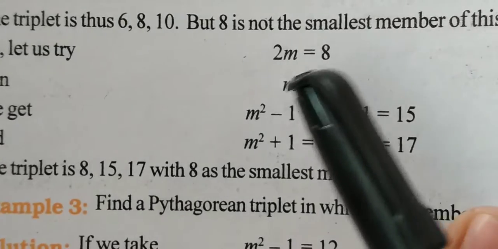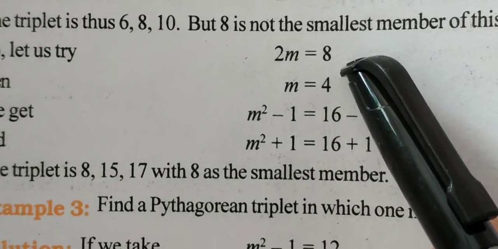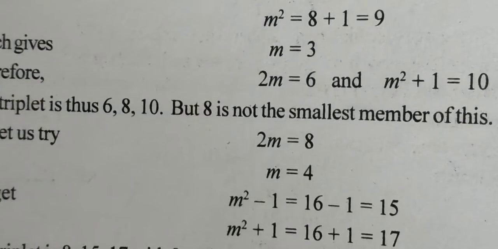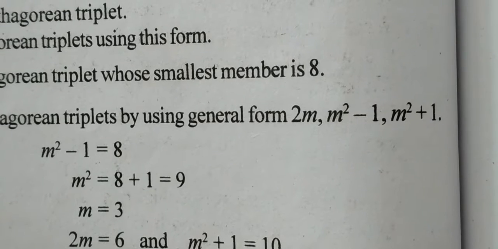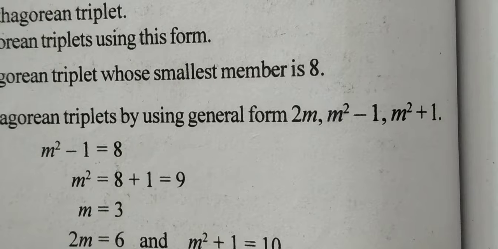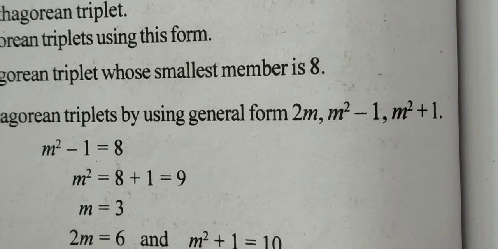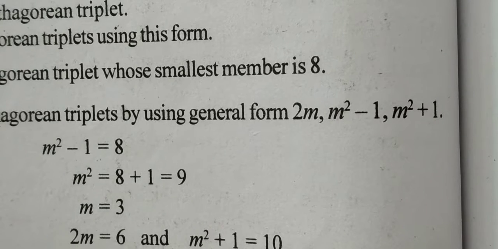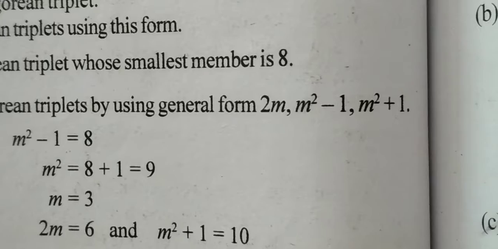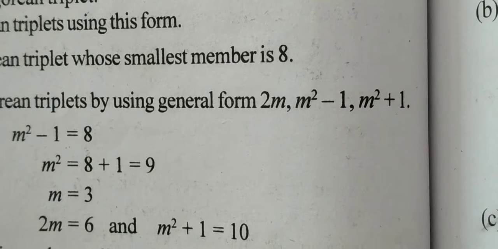So let us try 2m is equal to 8. Rather than going this way, why don't we directly take 2m, because 2m is most probably going to be the smallest. That is the format. 2m is the smallest among the three in a triplet, then m square minus 1 is the second number, and m square plus 1 is the largest number.